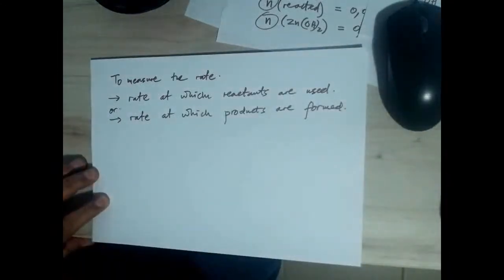Okay, so to measure the rate, we can either measure the rate at which reactants are used, or we could measure the rate at which products are formed.